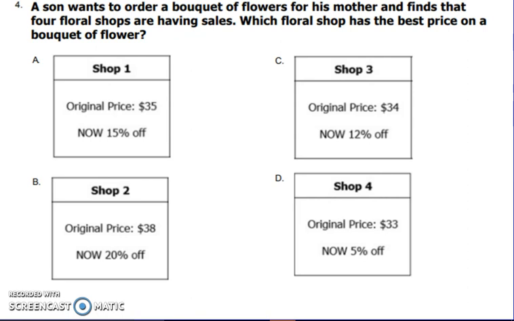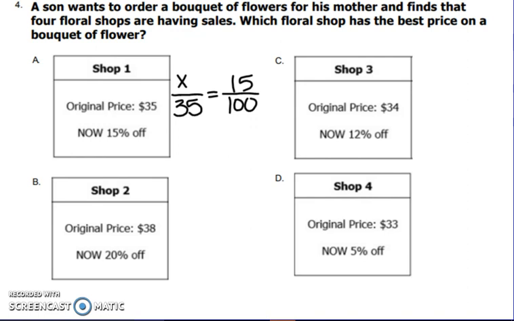So for each one of them, I have to create a proportion. Because this is a sales question, this is going to be one of those discount questions. So for shop number 1, which is answer choice A, I don't know my discount, but that's over the original price of $35. And they're saying there is a 15% off sale.